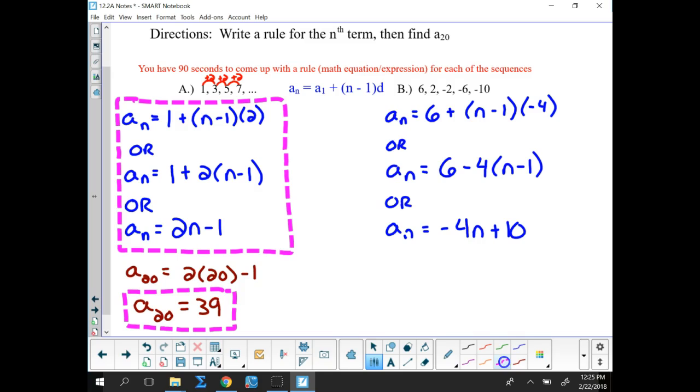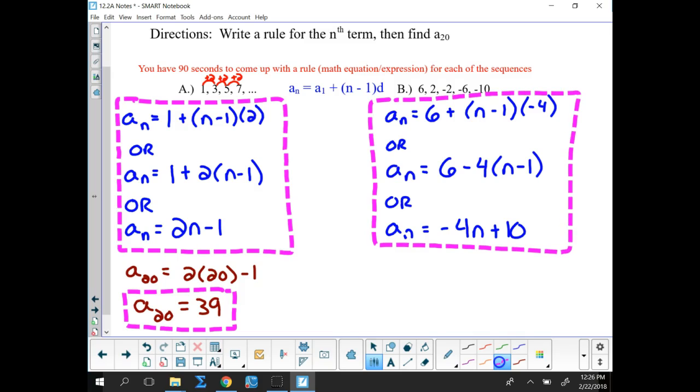That's my favorite. Then it asks us again to find a sub 20. That's negative 80 plus 10. I'm going to go with negative 70 there.